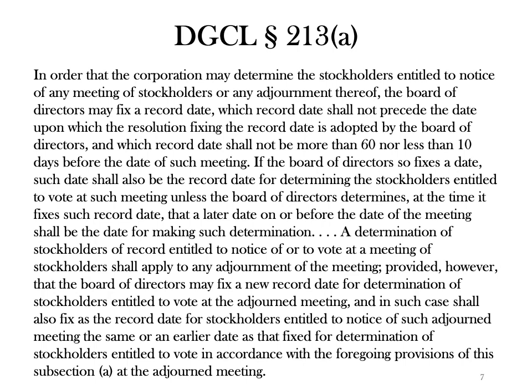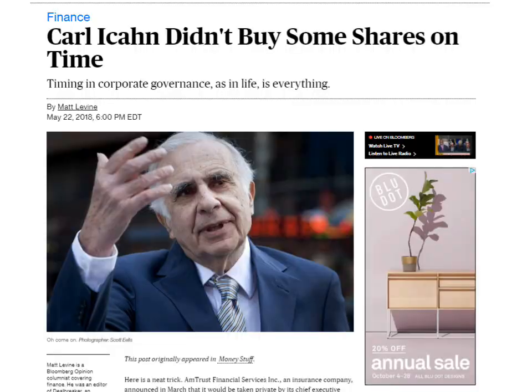And that date, the date of record, precedes the vote. The record date can be a problem for some people. Carl Icahn, a well-known corporate raider, acquired shares of a company where he intended to vote against an impending merger, but bought the shares too late. They were bought after the record date.